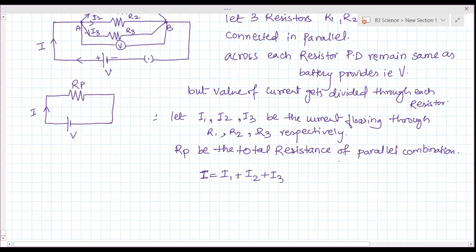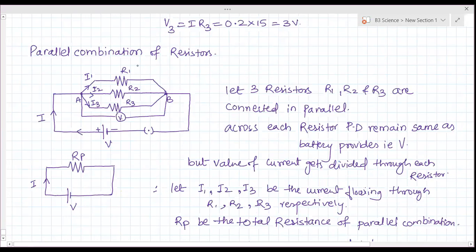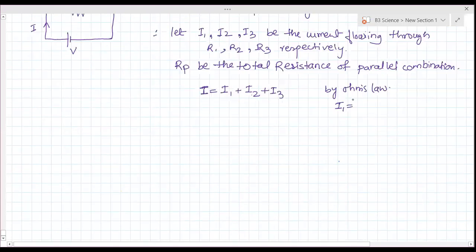So total current is equal to I1 plus I2 plus I3. Now find out I1, I2, I3 from Ohm's law. What is I1? I1 is the current across R1. So how to calculate that? V by R1. Total potential difference across R1 is V. So I1 is V by R1. I2 is equal to V by R2.